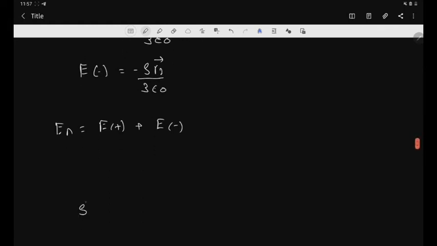If we write these two factors, we will get rho vector r1 divided by 3 epsilon naught minus rho vector r2 divided by 3 epsilon naught.